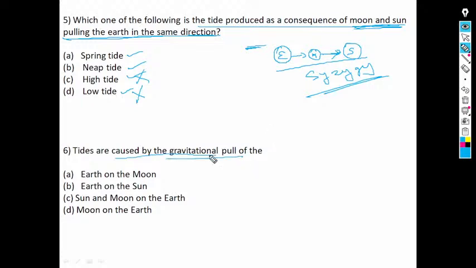Tides are caused generally by the gravitational pull of the Earth, Moon and the Sun.